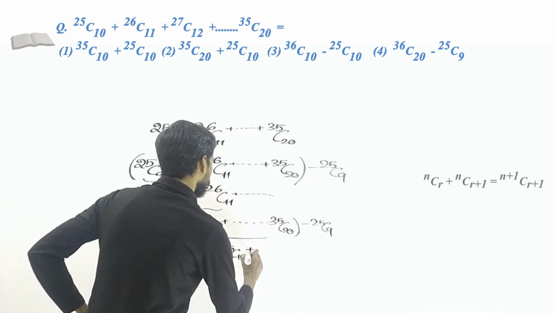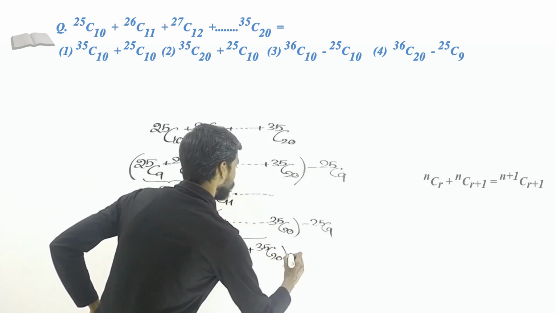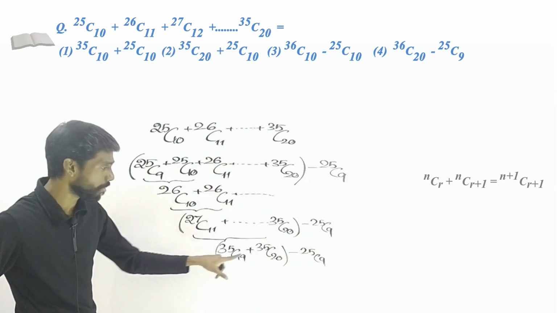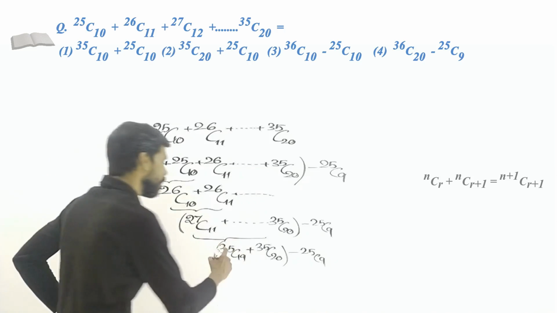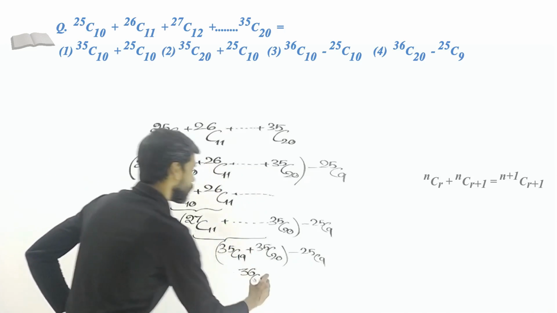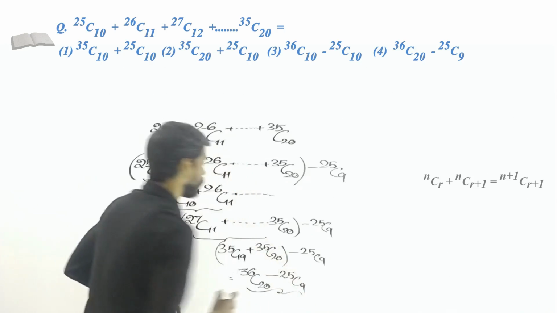The 35 will remain the same. So 35C19 plus 35C20, and then this is 25C9. Again same formula. So 35 plus 1, so that is 36C20 minus 25C9. So that's all. So this is the value of the given expression.